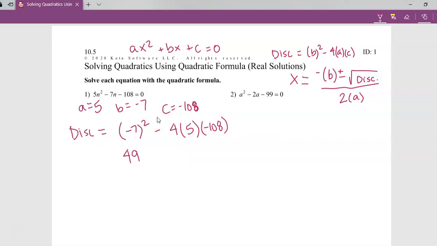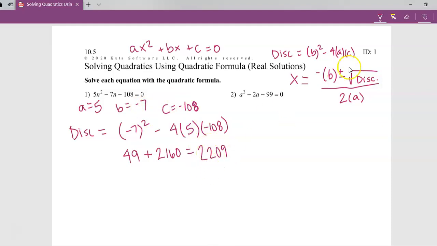So negative 4 times 5 times negative 108 gives me plus, because I have a negative times a negative here, so plus 2160, which is equal to 2209. So this is just the discriminant.